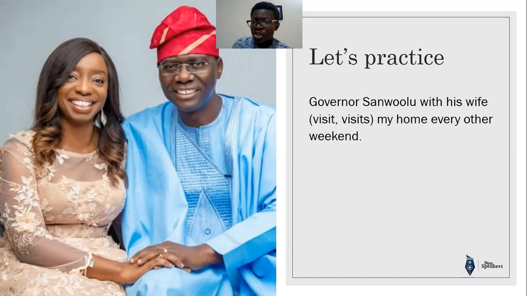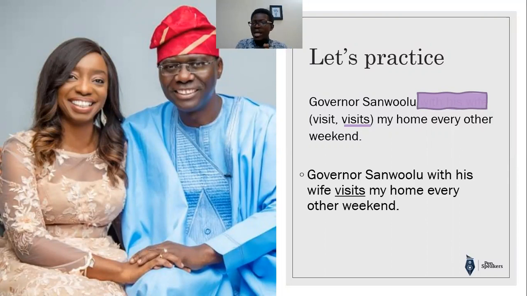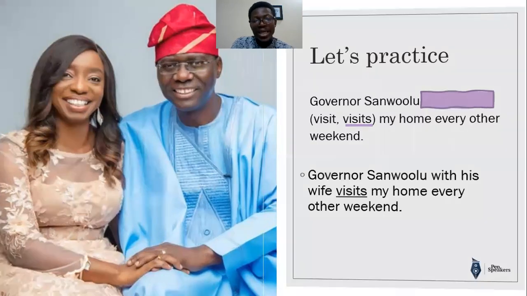The conjunction that is used here is with. The phrase mentioned after it is his wife. So what you're supposed to do is you ignore with his wife. You cover it from your paper. You don't need it. And you read it as Governor Sanwo-Olu visits my home every other weekend. You then restore what you have covered and you have the whole sentence as Governor Sanwo-Olu with his wife visits my home every other weekend.